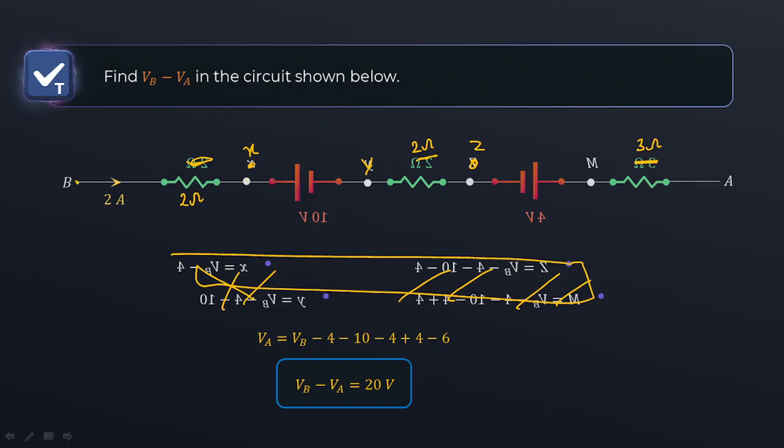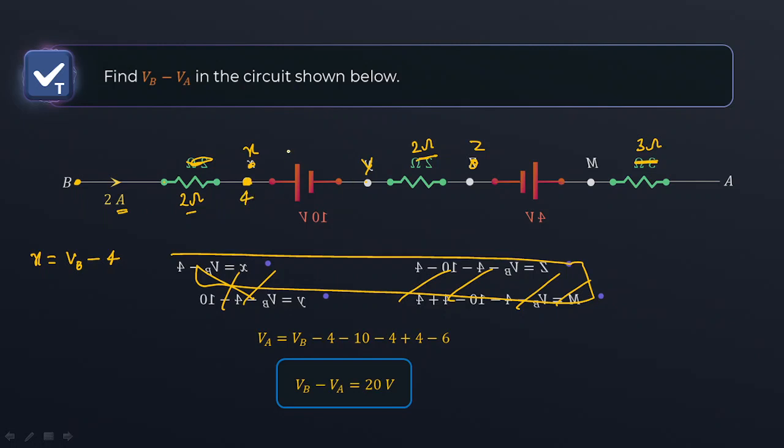See here, if I want to write the potential at X, can I say that the potential at X will be equal to, from B we started, we have crossed one resistor having 2 ohm. Current flowing is how much? 2 ampere. So can I say it will be equal to VB minus 2 times 2, that is 4, right? Now if I want to write Y, so here we have 4.